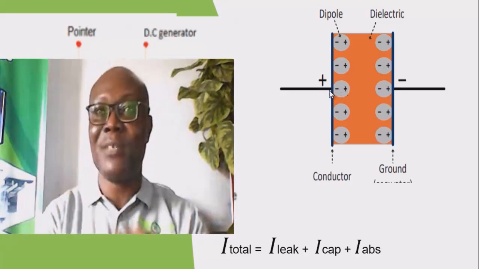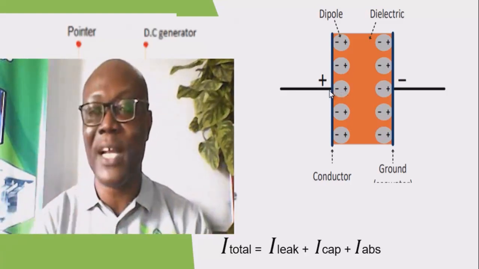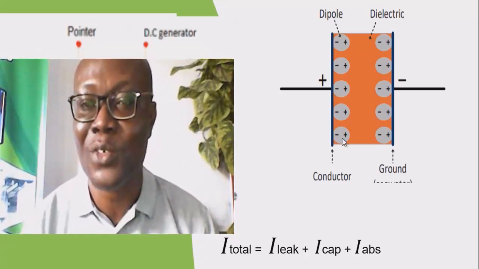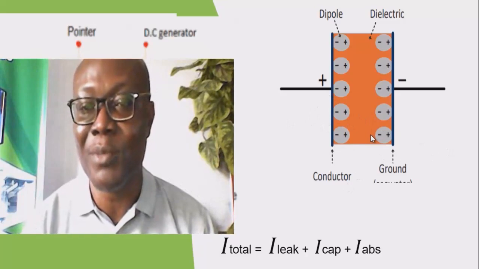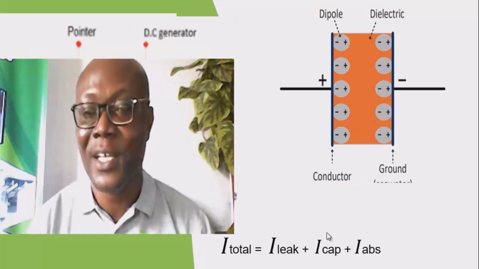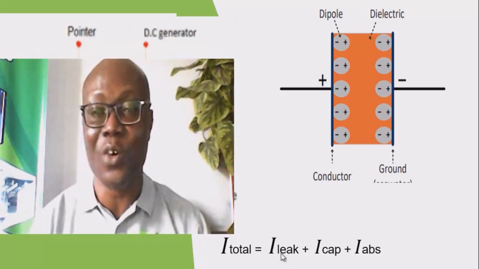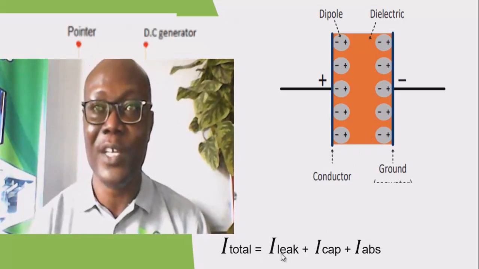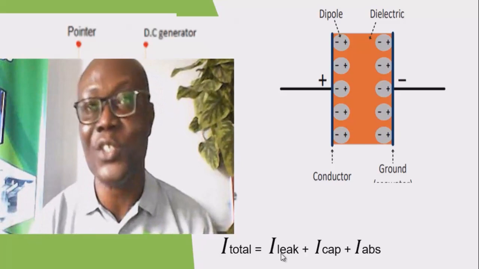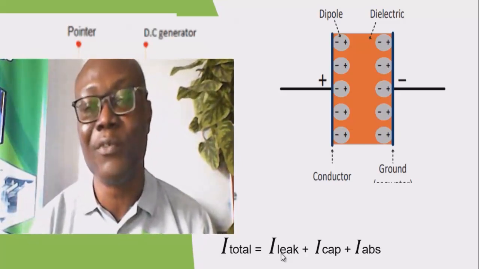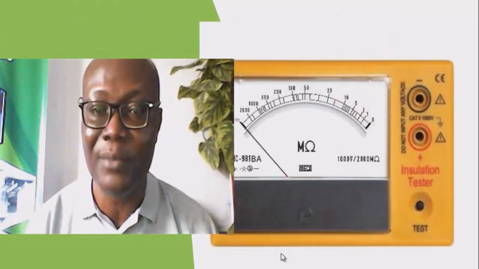So the movement that is caused by that realignment will cause some current also to be recorded. Remember, current is the flow of charge, and of course the one that is of interest to us is the leakage current through the insulator itself. So we have these three currents flowing at the same time.